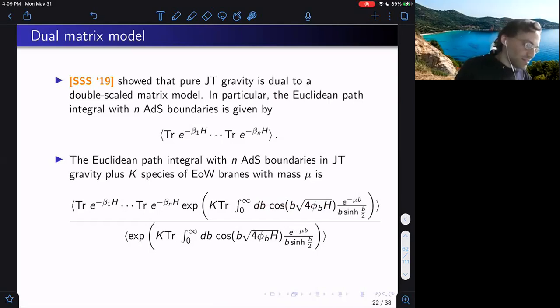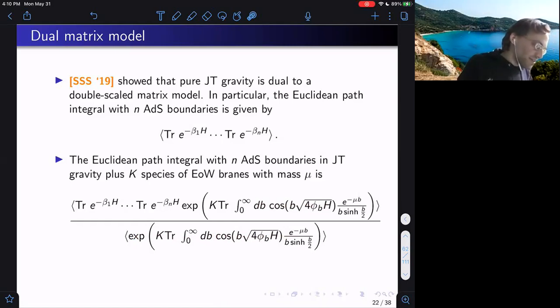And you'll see that this just reproduces the sum with an arbitrary number of end of the world brane boundaries. I also divide by the expectation value of this exponential over here. That just serves to cancel out unwanted diagrams so that the remaining diagrams are just diagrams where all the end of the world branes are connected to an AdS boundary through the bulk.